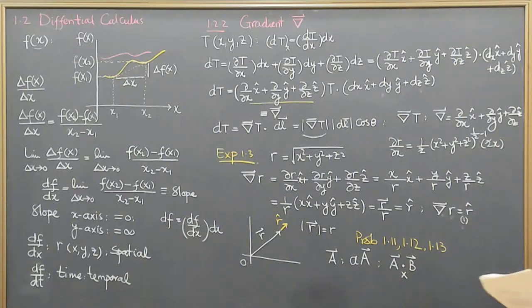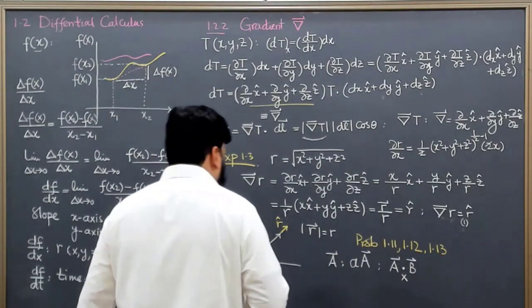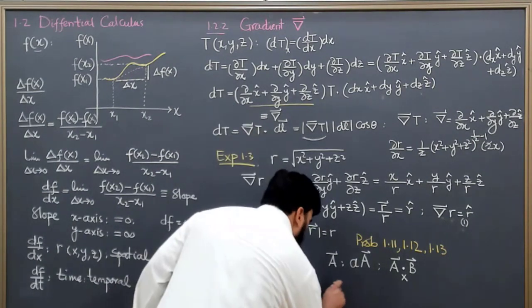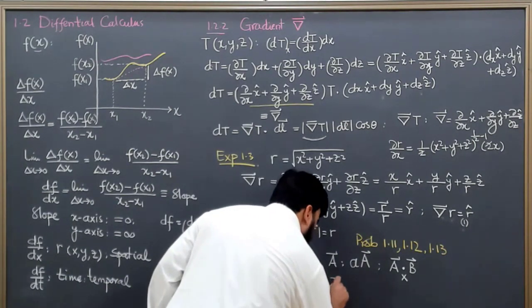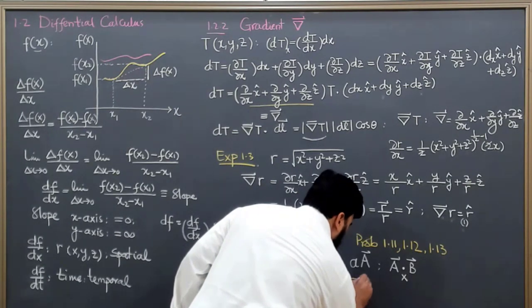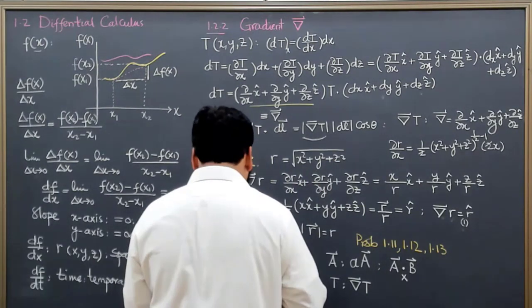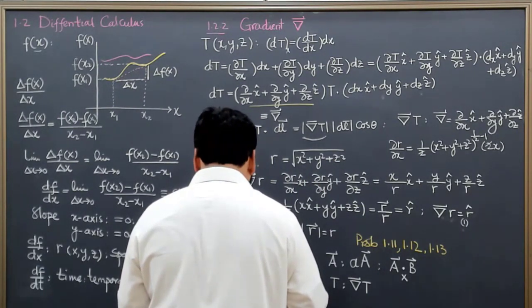So what if we have a scalar function t? Of this scalar function we can take the gradient only, and this will be the gradient of t.